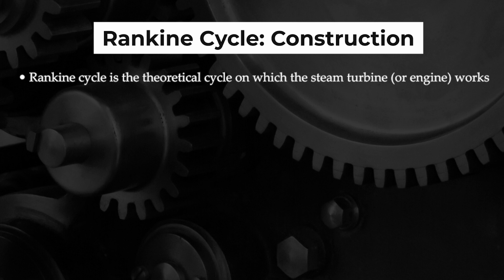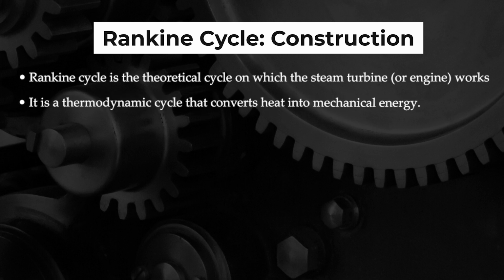So, this picture shows a complete outline of a Rankine cycle. The Rankine cycle is the theoretical cycle on which the steam turbine works. It is the thermodynamic cycle that converts heat into mechanical energy. So, ultimately after completion of this cycle, we will be able to get mechanical energy.